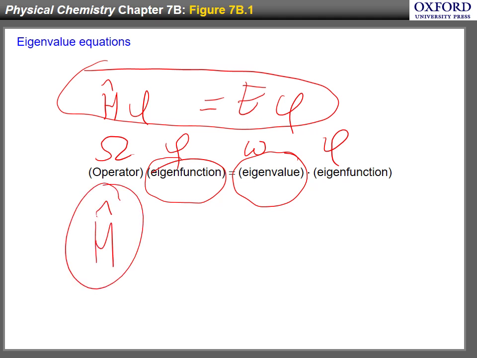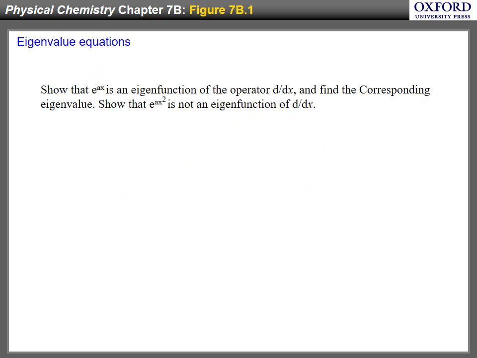Well, let's do an example and see what we get. As an example, let's do this simple operation and show that e to the ax is an eigenfunction of the operator d/dx, and find the corresponding eigenvalue. Furthermore, let's show that e to the ax squared is not an eigenfunction of d/dx.